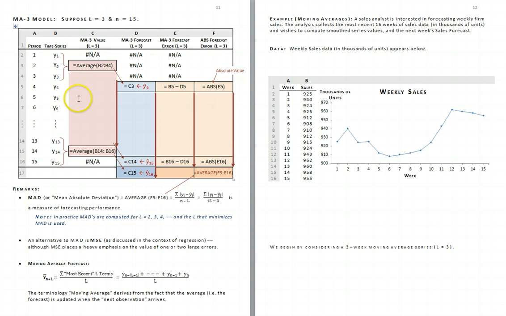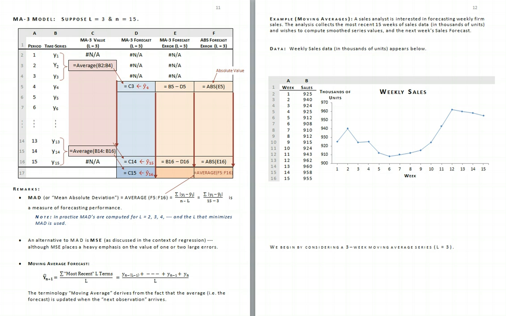Following that pattern down this column, the last centered smooth series value would be the average of the final 3 actual series values, and the final smooth series value would be identified with the 14th period in the middle of the 3 periods being averaged over.